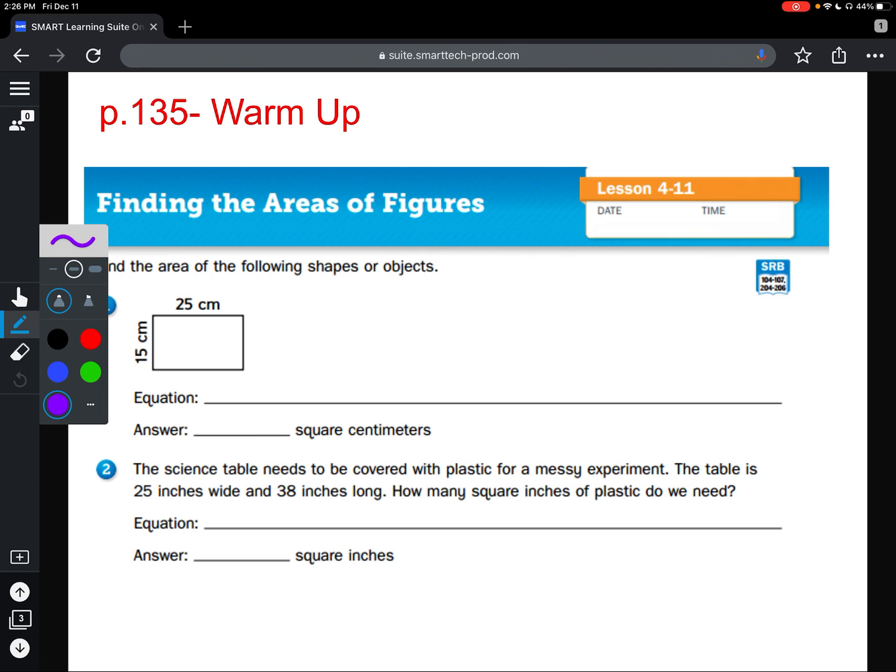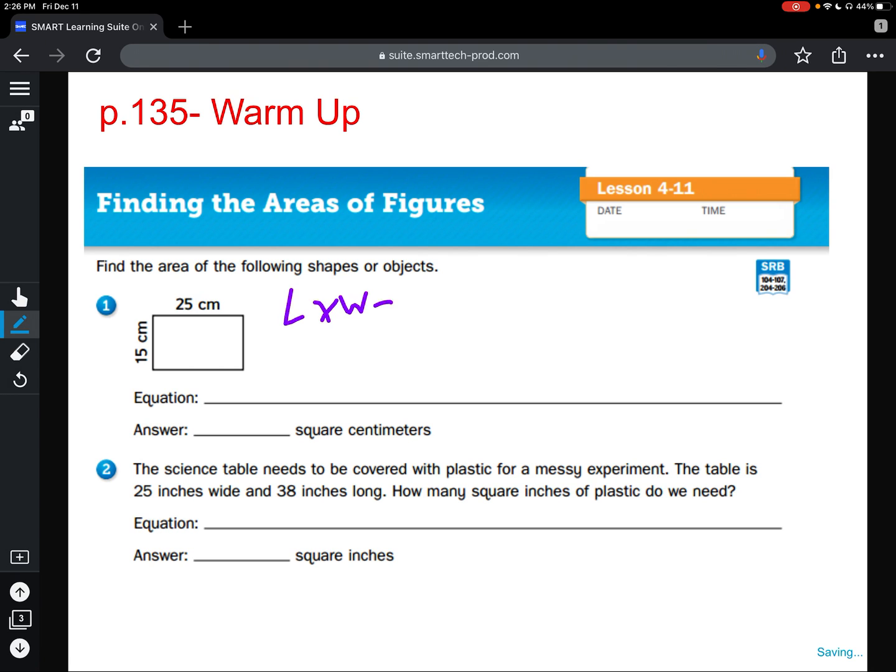I hope that you said the equation for finding the area of this shape would be the length times your width. So that means that we would be doing 25 times 15, and that would give you your area. When you do 25 times 15, you should get an answer of 375.